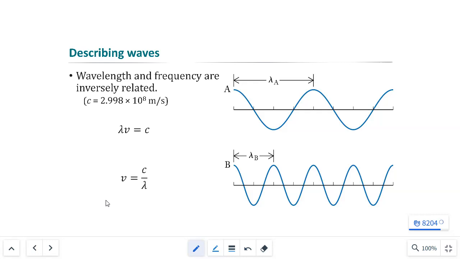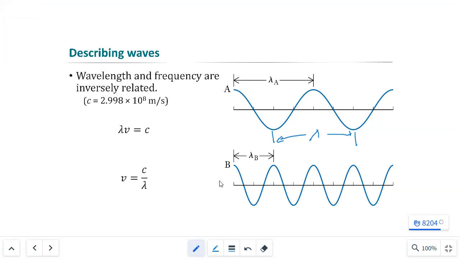That is, how far is it from one wave peak up to another? So if I want to describe the difference between this point and this point, or even valley to valley, that wavelength would be exactly the same.